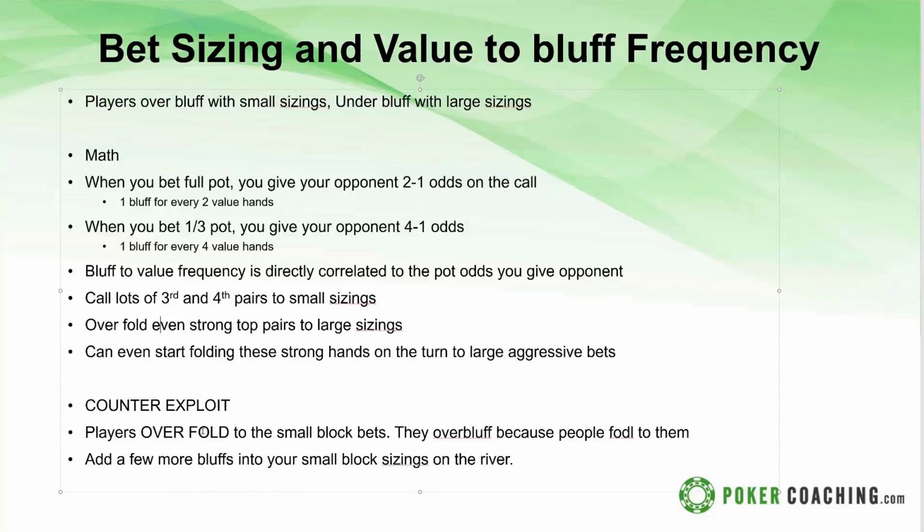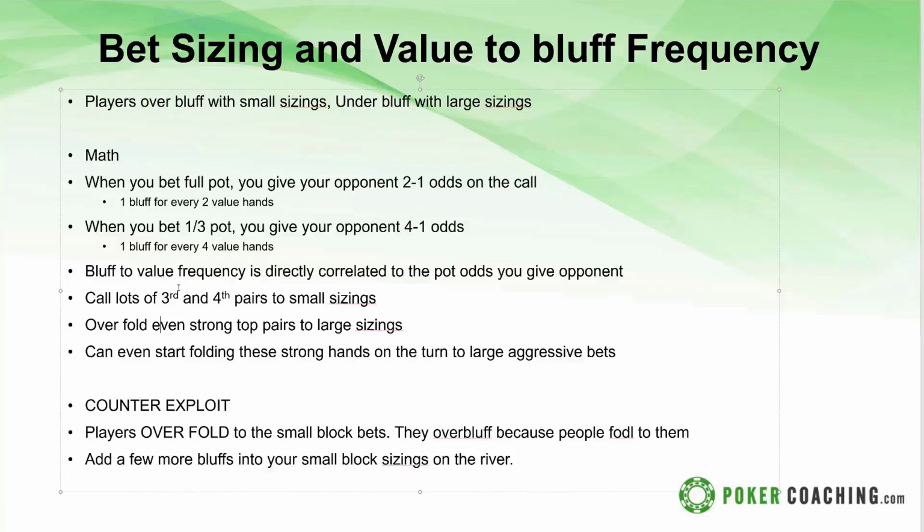Players tend to overfold to small block bets. And so I personally overbluff with the small sizing because people aren't calling with third and fourth pairs or ace highs like they should be.